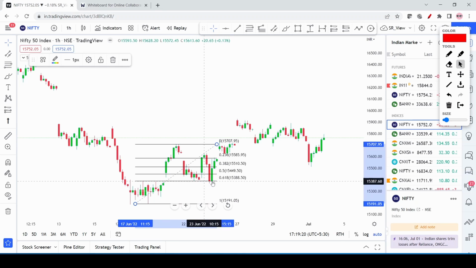This is known as a very strong support. Out of these different retracement levels, 38%, 50% and 61%, these are the three levels where most of the time it will retrace and take support.